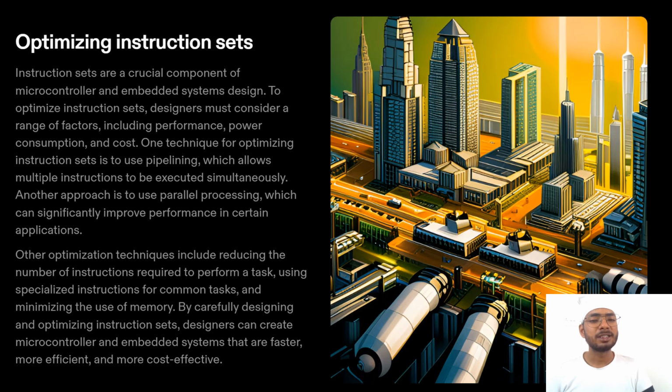Another approach is parallel processing, which can significantly improve performance in certain applications. Other optimization techniques include reducing the number of instructions required to perform a task, using specific instructions for common tasks, and minimizing the use of memory. By carefully designing and optimizing instruction sets, designers can create microcontroller and embedded systems that are faster, more efficient, and more cost effective.